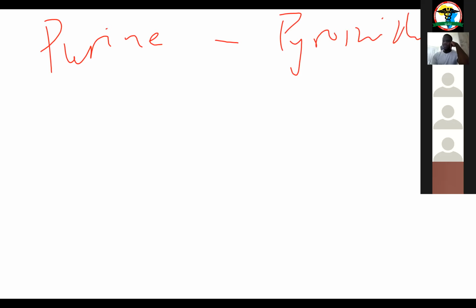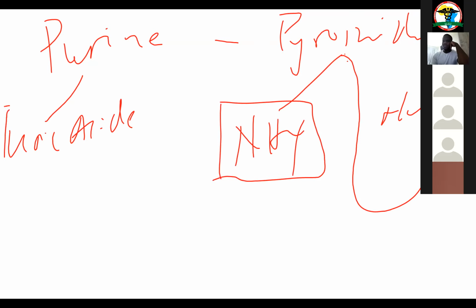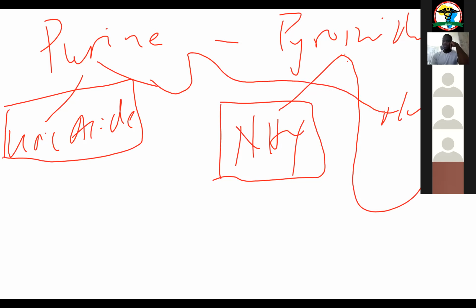For pyrimidines, it has two fates. The fate is it's broken down to ammonium, or it's salvaged back to make nucleotide. You understand? It's salvaged back to make nucleotide. The same thing with purines too. Purine is broken down to uric acid. See the difference? Pyrimidine is broken down to ammonia. This is broken down to uric acid, or it's also salvaged back to nucleotide.